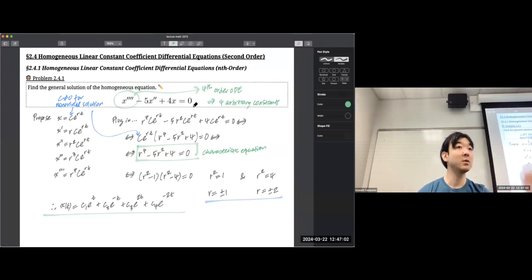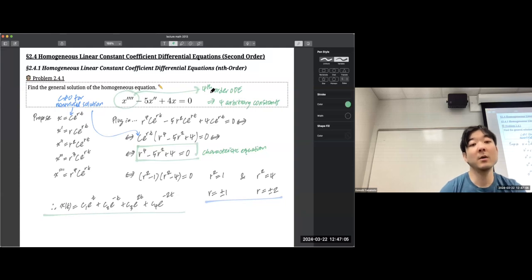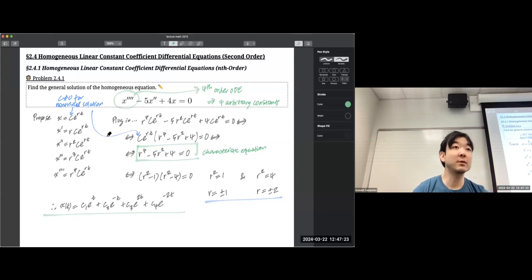A 2nd order equation has 2 arbitrary constants, C1 and C2. So if you're not getting the same number of arbitrary constants as the order of the highest derivative that shows up in your equation, then you made a mistake. You wouldn't have a description of the full general solution if you missed one of them.